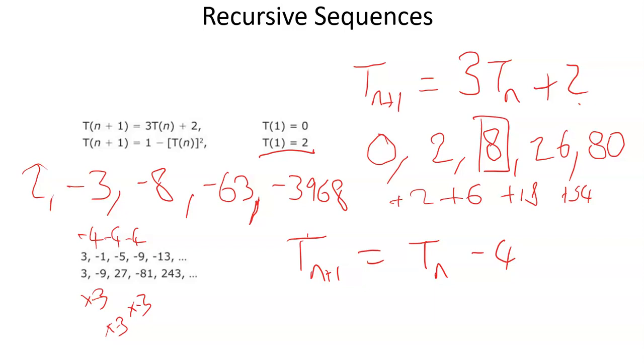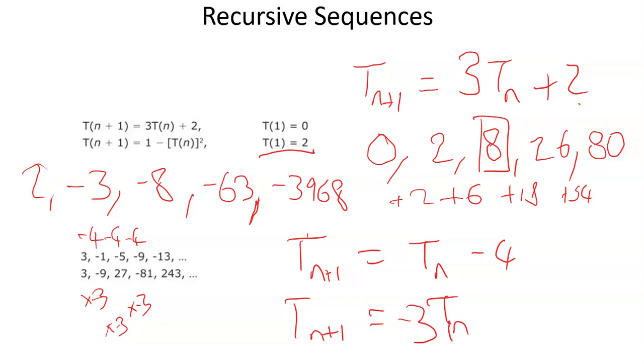So again, it's nice and straightforward because there's just one step in the term-to-term rule. So it's been easy to see. So we can just write this as tn plus 1. The next term is the current term times by minus 3. So we can just say minus 3tn. And we know that 3t, 3 next to the t just means times. We don't need to put the times symbol in.